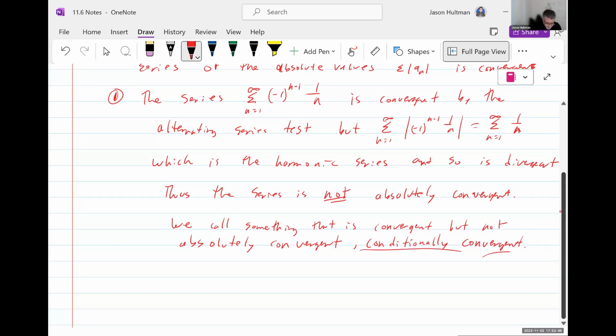Okay, it's conditionally convergent. Okay, if it is convergent but not absolutely convergent, then it's conditionally convergent.